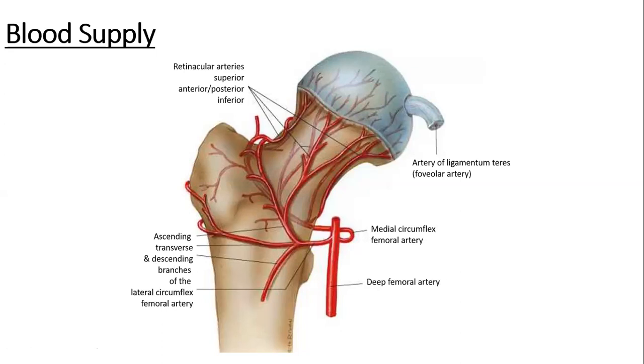So in adults, if in accidents the neck of femur gets fractured, this will lead to the disruption of the retinacular arteries, leading to the loss of blood supply to the neck and head of the femur, leading to a clinical condition called avascular necrosis.